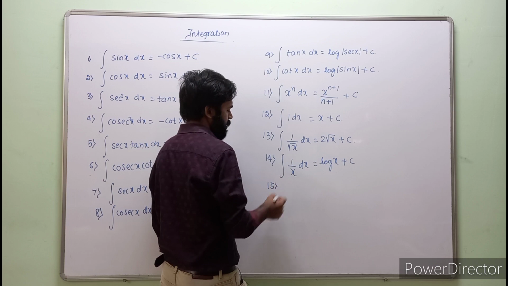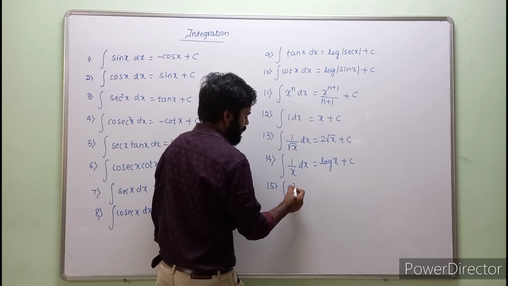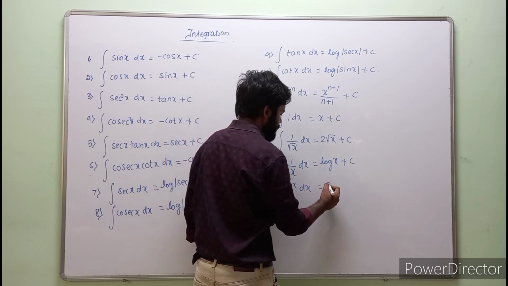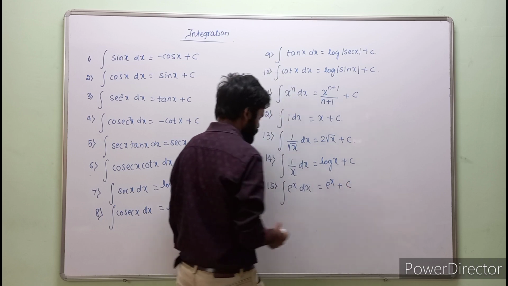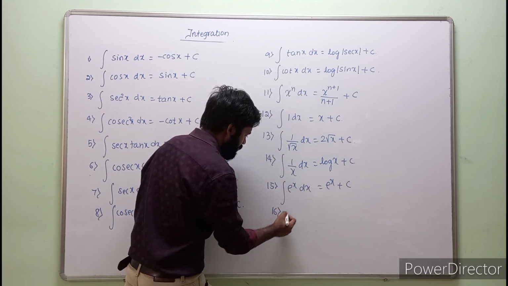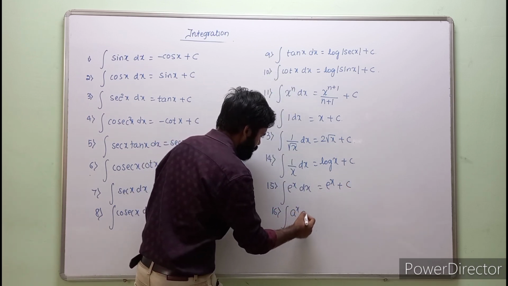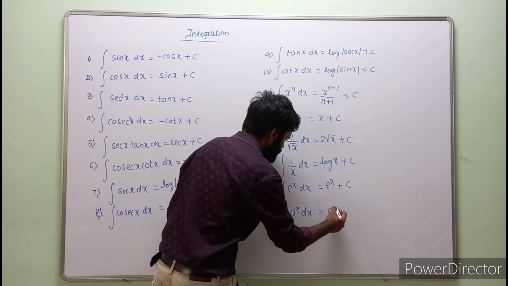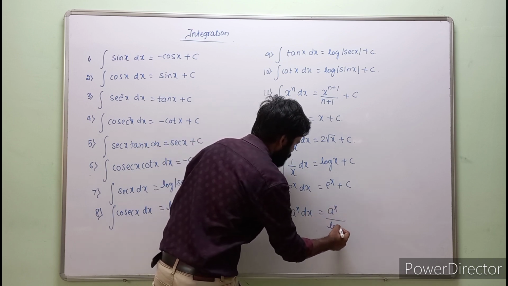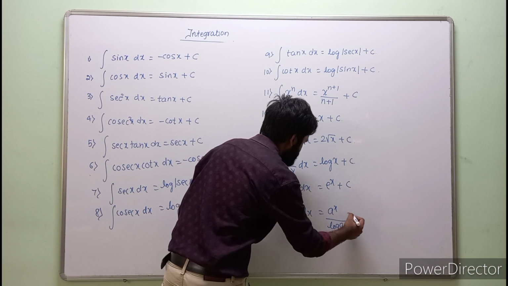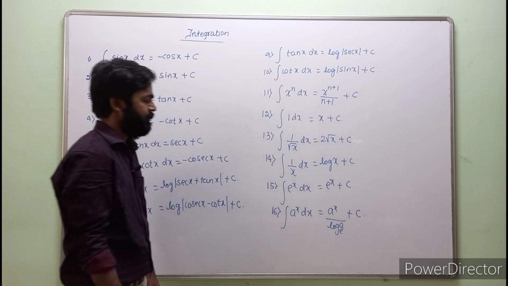Now 15th one, integration of e raised to x dx is nothing but e raised to x plus c. 16th one, integration of a raised to x dx is nothing but a raised to x divided by log a to the base e plus c.